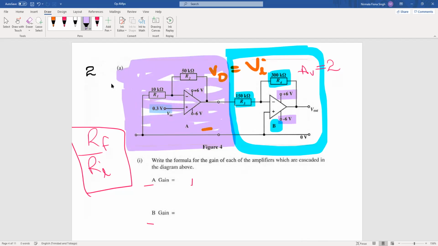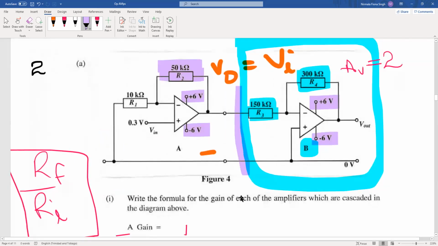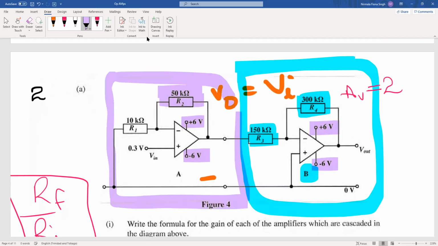This is circuit A. Let's zoom in. What type of circuit is this? Where is my input going into? Circuit A, the lilac marker. Where is my active input going into?